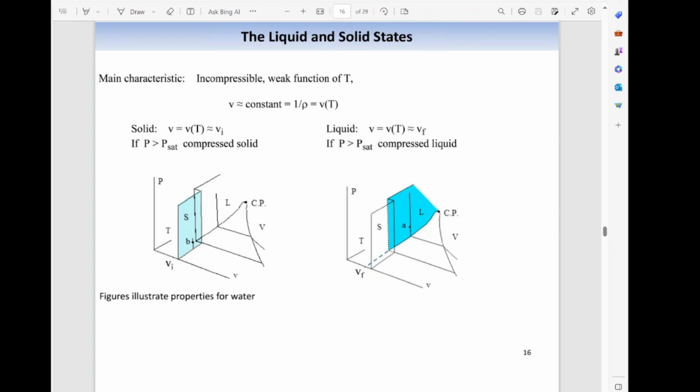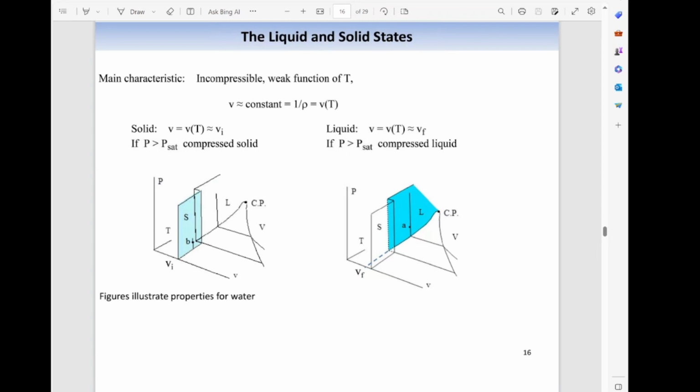Okay, and what we're going to find here is that for pressures greater than the pressure of saturation, which is essentially this line here, above that line, we have a compressed solid for specific volumes equal to VI.